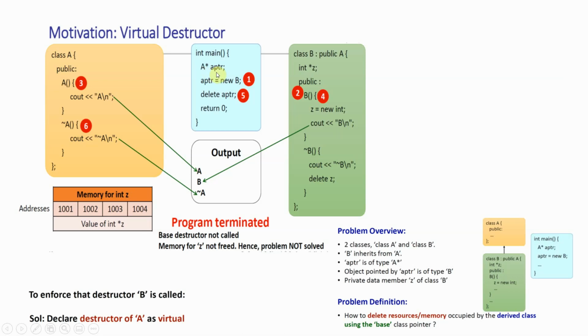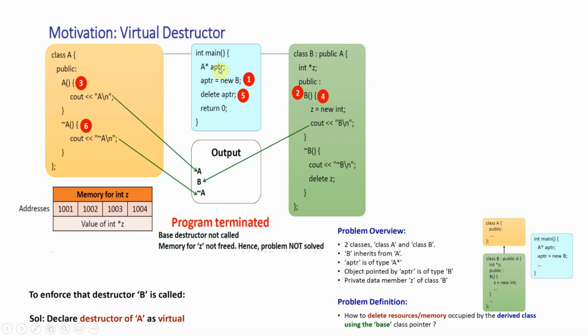We have a star aptr, so we have a pointer. First of all, we have two classes. Class A, which is our base class, has a constructor and a destructor. Class B, which is derived from class A, has a default constructor, an additional member variable, and a destructor.